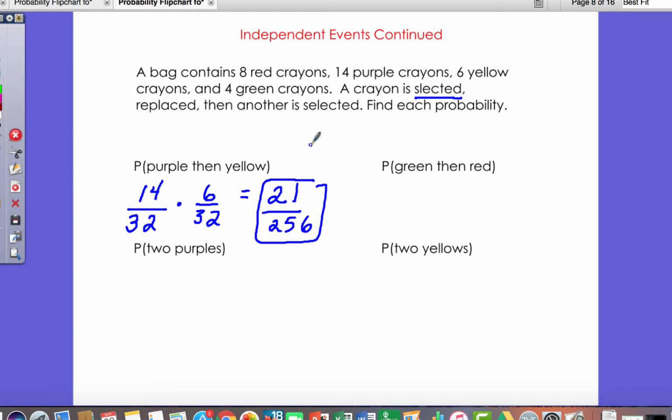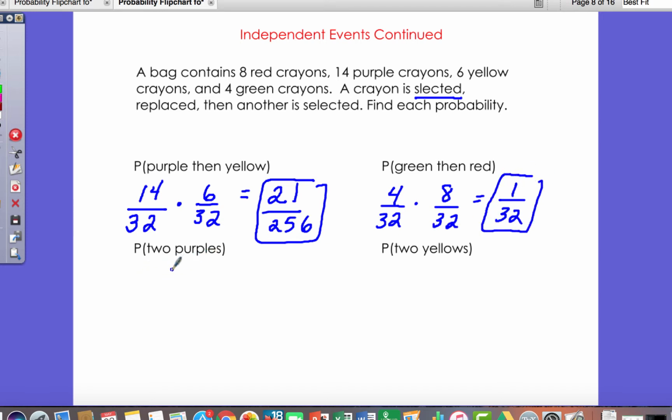For green, there are 4 crayons out of 32. Then you replace that crayon. What's the probability of then drawing a red? There are 8 red crayons, so that's 8 out of 32. That probability simplifies down to 1 over 32. We can simplify ahead of time or just multiply and simplify.